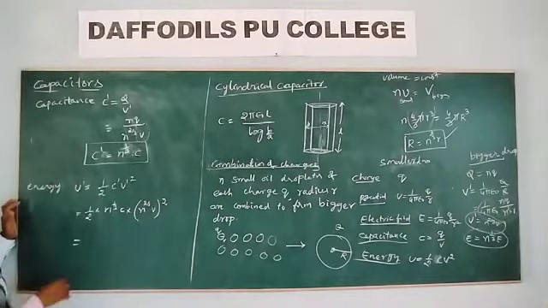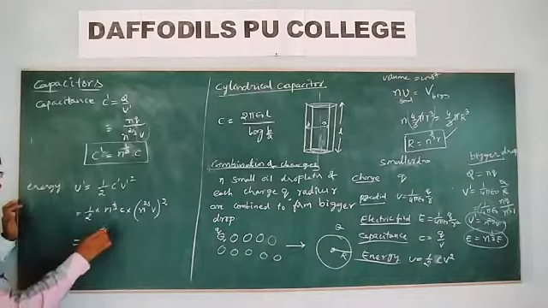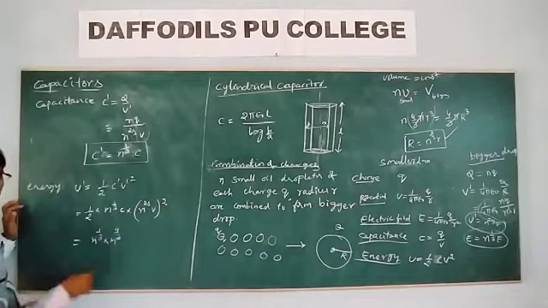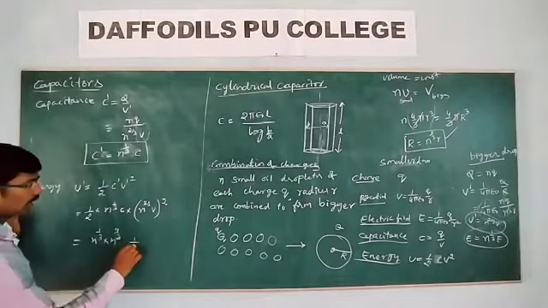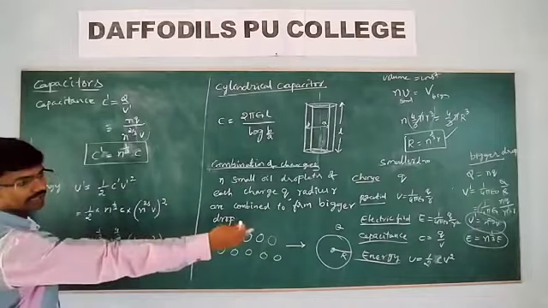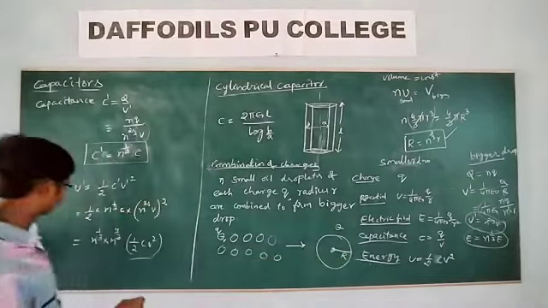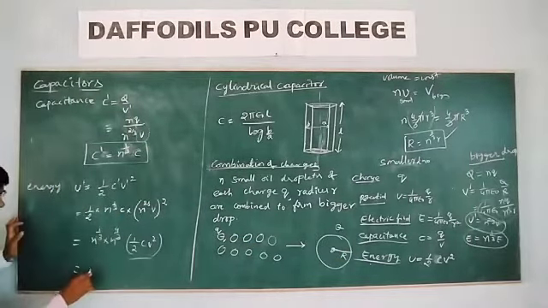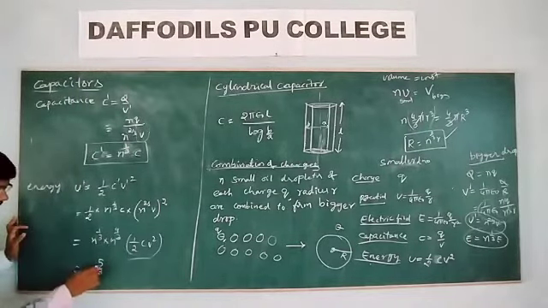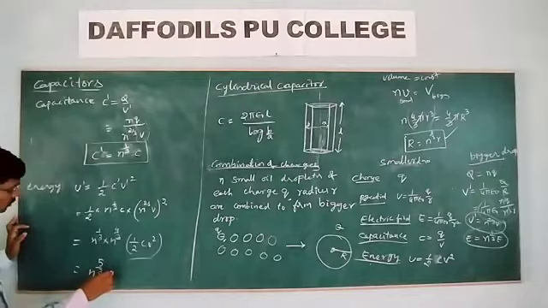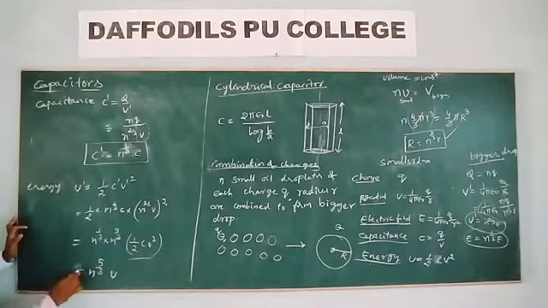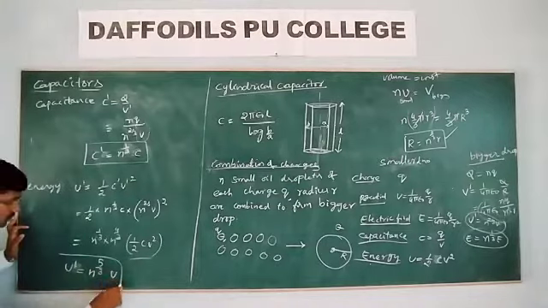That is equal to N power 1 by 3 into N power 2 by 3 whole square, which is N power 4 by 3, into half C V square. Half C V square is the energy of a smaller drop. Then N power 1 by 3 into N power 4 by 3 gives N power 5 by 3. So U dash is equal to N power 5 by 3 into U.